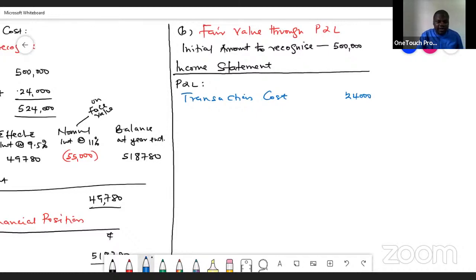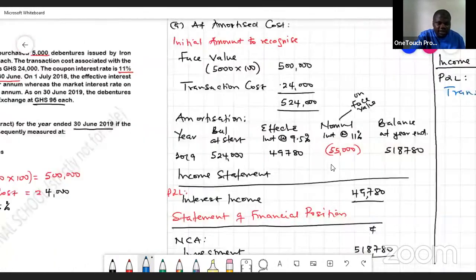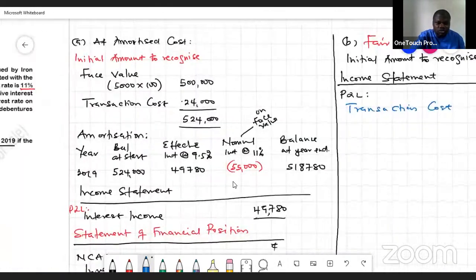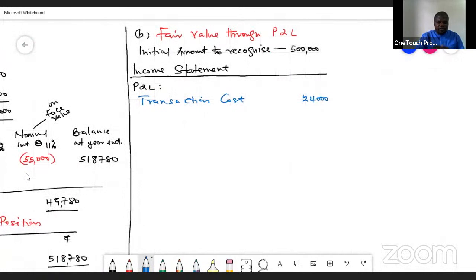Then we look at the end of the year. They said that it has moved to 96 cedis each. Instead of 100, it has fallen. So there's going to be a fair value loss of 500,000. 500,000 is the value at the beginning. But if you check at the end, it's now 96 cedis per one.